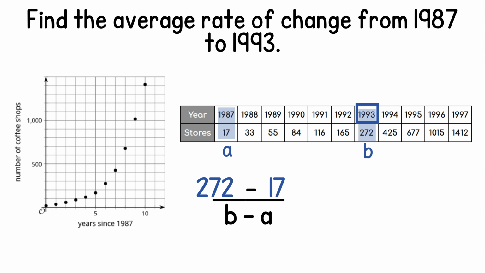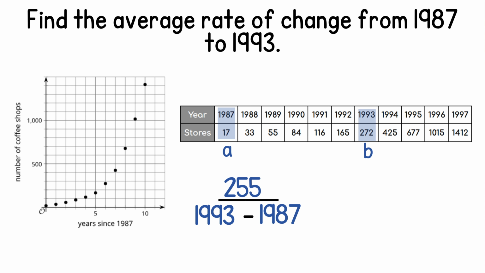The input of point B is 1993, and the input of point A is 1987. Now that everything's filled out, we can simplify this expression. We'll subtract 272 and 17 on top, which gives us a value of 255. On the bottom, we'll subtract the years 1993 and 1987, which gives us a value of 6. Dividing 255 by 6 gives us a rate of change of 42.5.